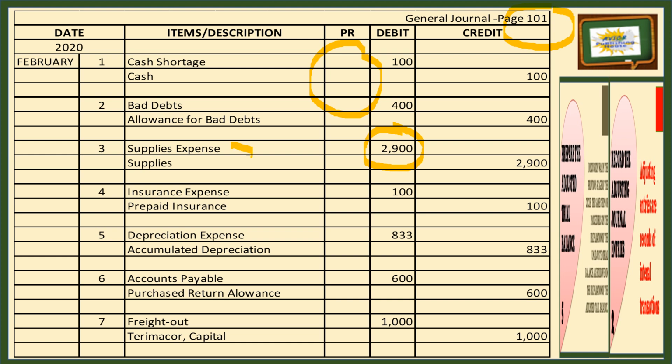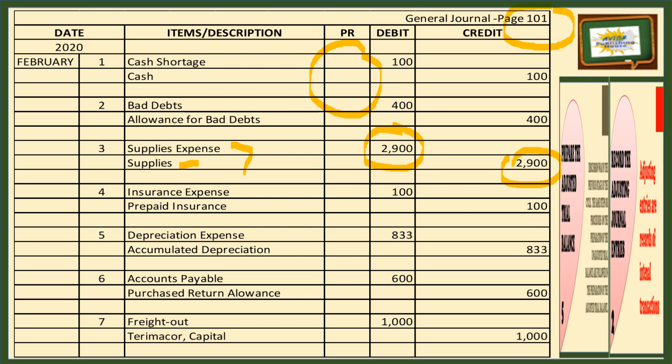This one used the asset method of accounting because supplies was debited when purchase was made. So debit supplies expense, credit supplies to record the expense. Now the insurance expense is for 24 months and 1 month, and the expired portion is 100.